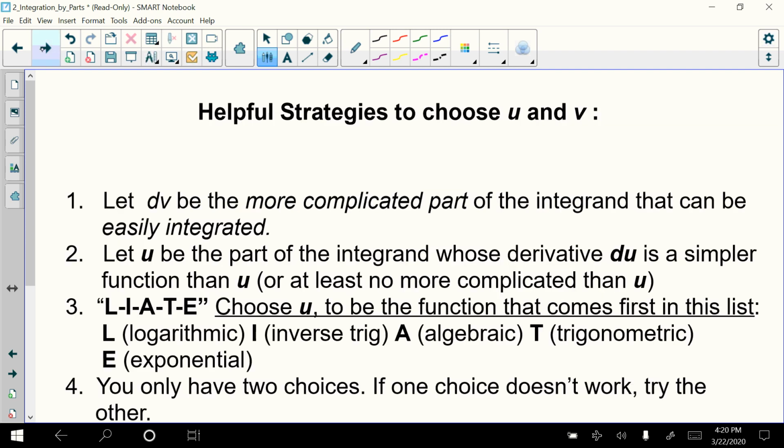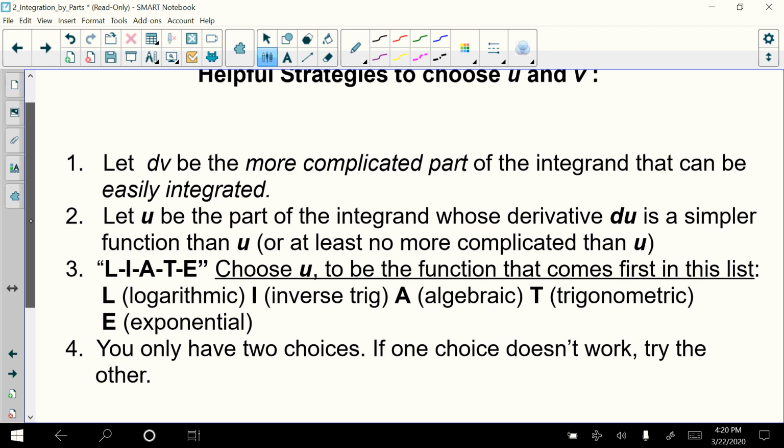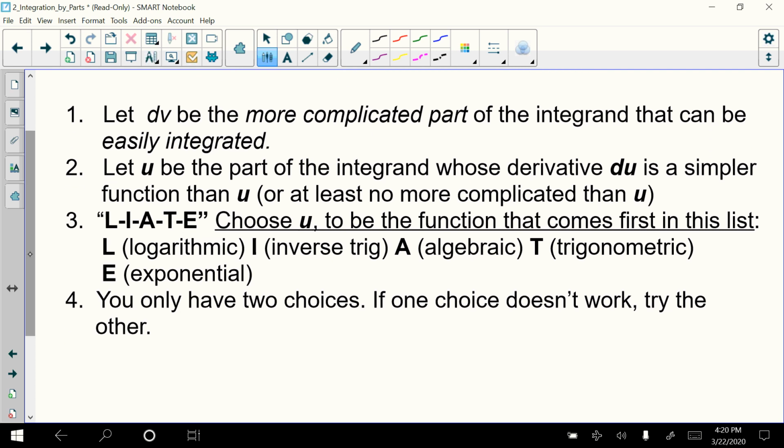So here are some general guidelines to follow when you're integrating by parts. Let dv be something that's more complicated, so it can be integrated easily. Let u be part of the integrand such that the derivative du is simpler than u.